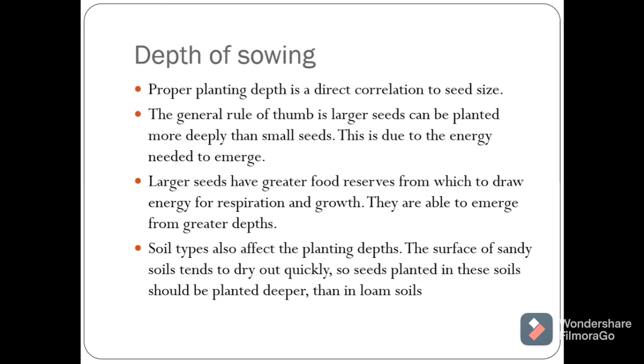In sandy soils, seeds should be sown somewhat deeper than in loamy soils, because sandy soils tend to dry out very quickly. If the seed is sown deeper in these soils, then it can retain moisture from the deeper layers, it can germinate properly, and its growth will be good.